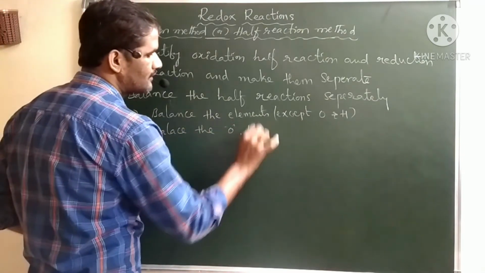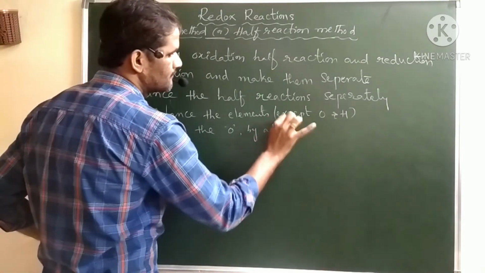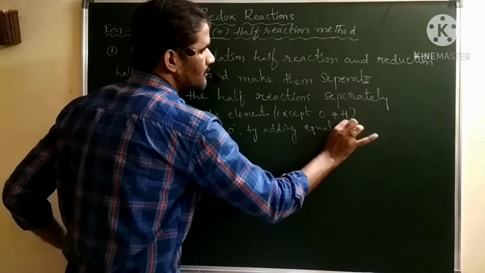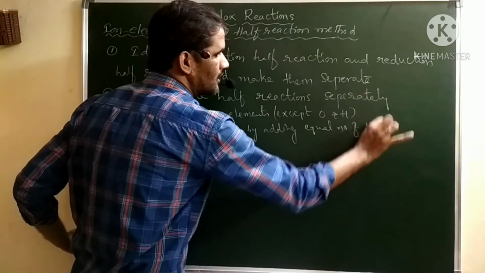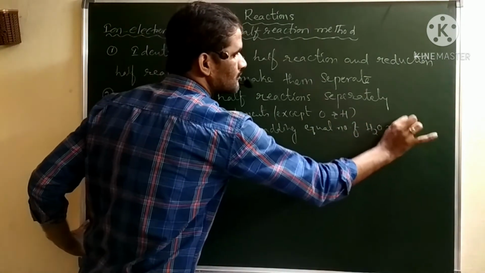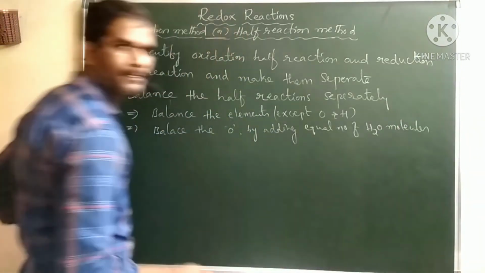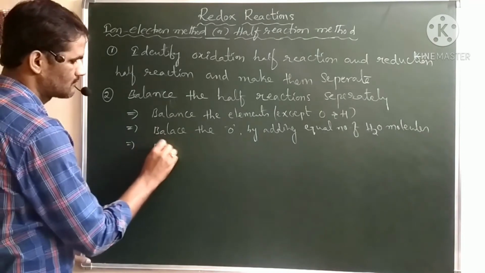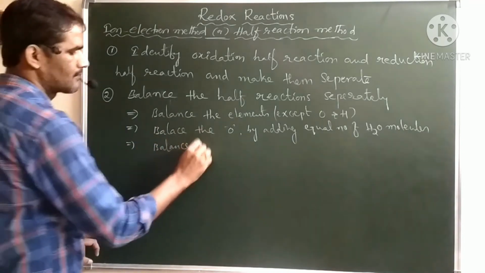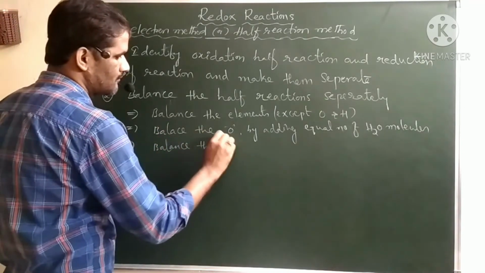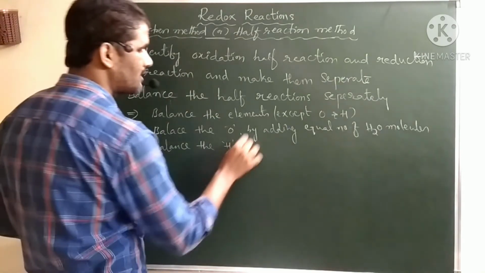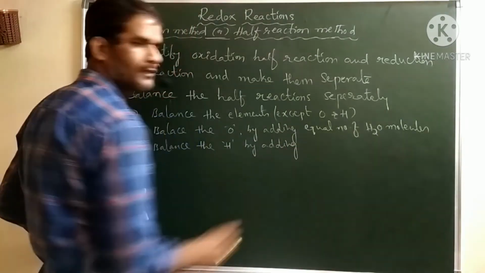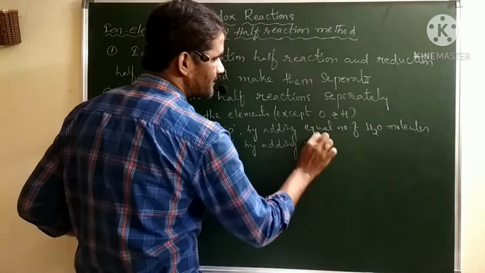By adding an equal number of water molecules. And the third step, we have to balance hydrogen. How to balance hydrogen? By adding an equal number of H plus ions.